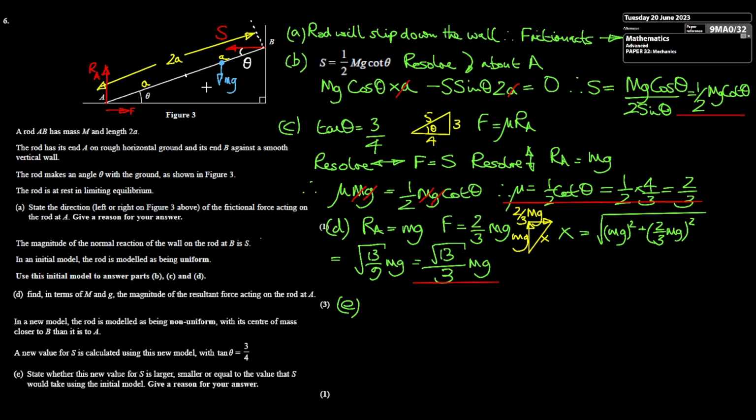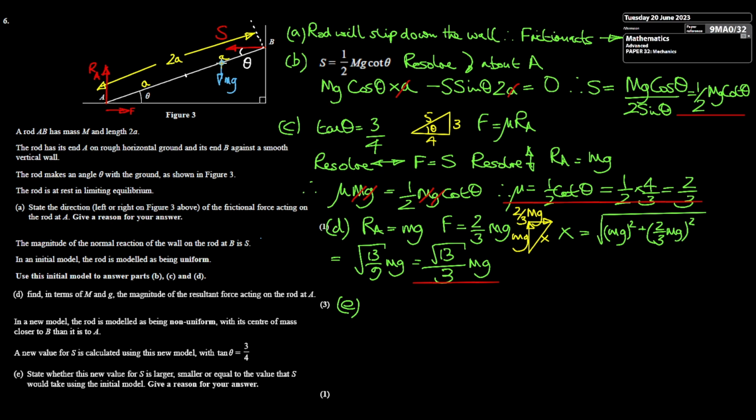So here's the new situation. I've moved mg from its original centre position nearer to B, as the question has indicated. Now, all we've got to do to solve the problem of whether S is larger or smaller or the same is consider moments around A again.